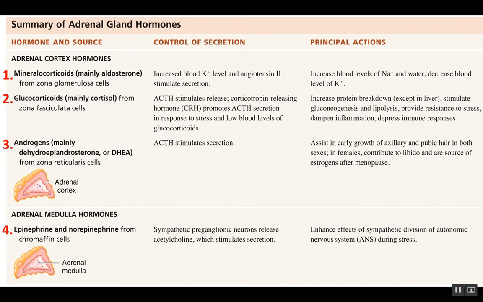We inject it into joints to reduce inflammation in joints. There are a whole host of other corticosteroids that are used to reduce inflammation, and they're all somehow related to cortisol. So if you've ever taken a steroid because you have inflammation maybe in your respiratory tract, that's a similar molecule.